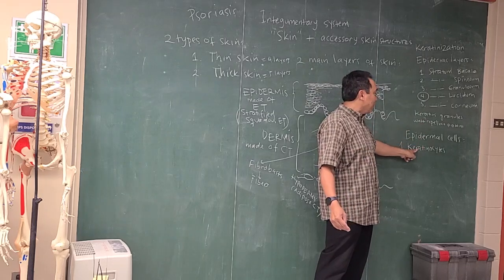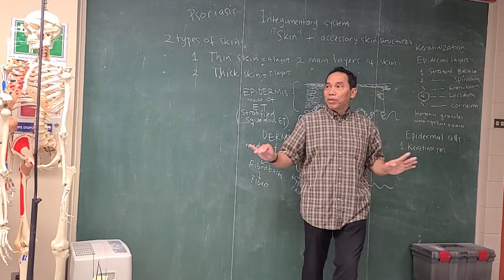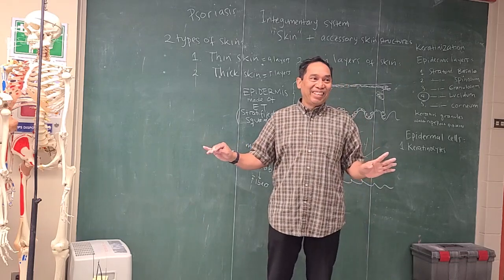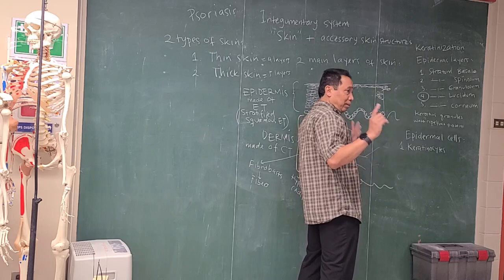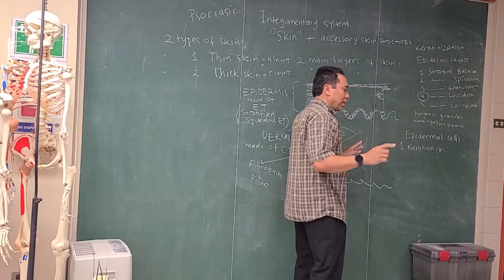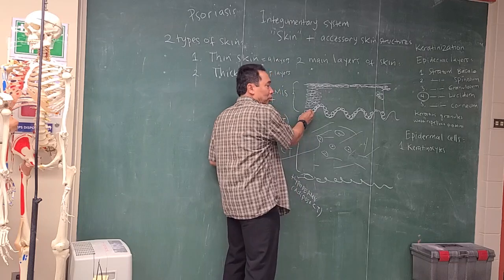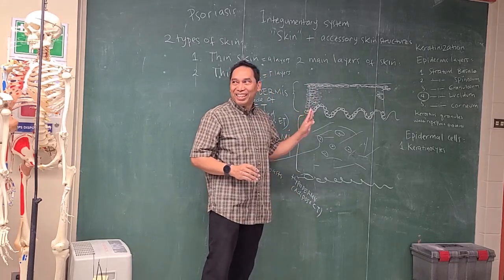So this keratinocyte, the main function is to produce keratin that will protect us from dehydration. Okay? More than 90% of cells in the epidermis are keratinocytes. Okay? From the bottom to the top, they will be filled with keratinocytes.